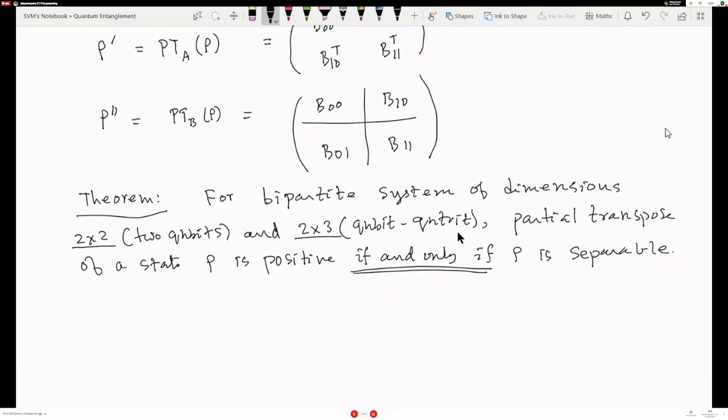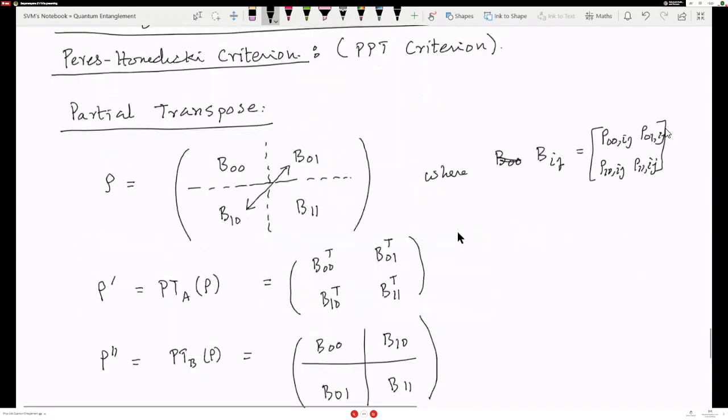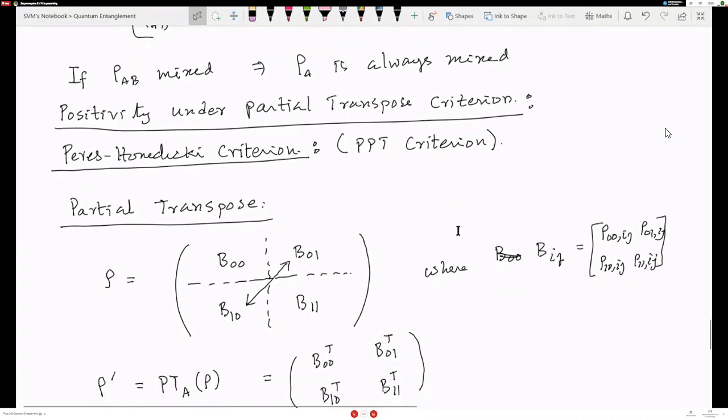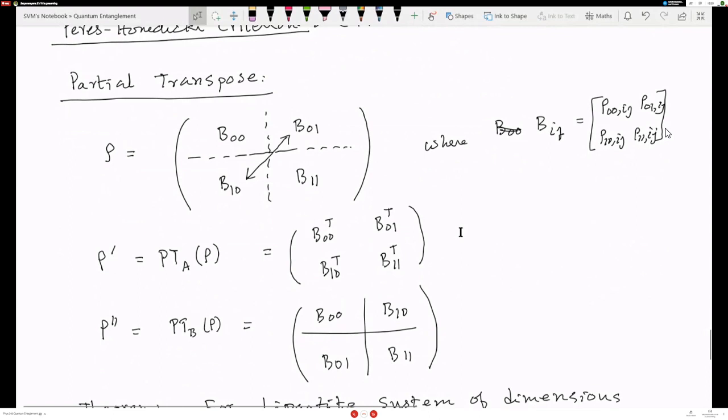That means if it is separable, it is positive. But if it is positive, we cannot say that it is separable. Okay, so this is the theorem which was proved by Horodecki, and this is what is used to understand if a given mixed state is entangled or not.